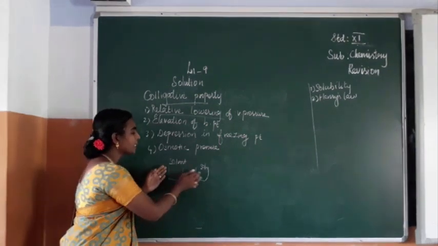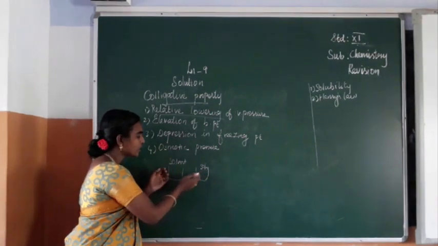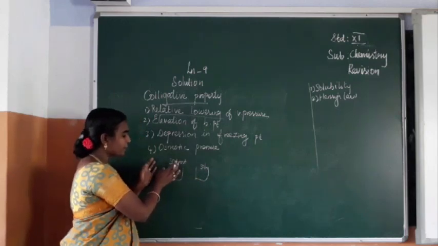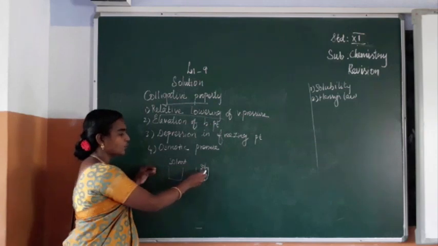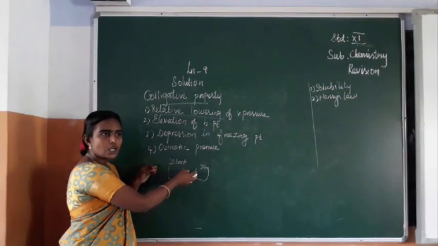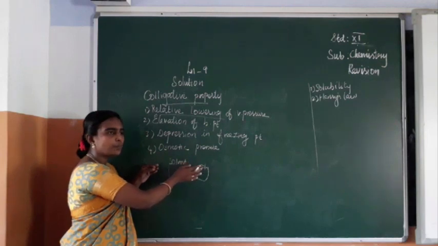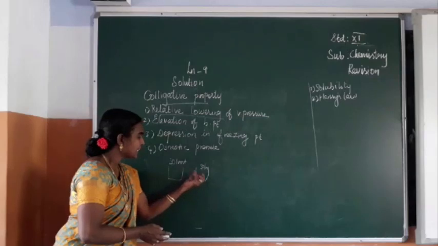When you compare the vapor pressure of these 2 containers, usually the vapor pressure of the solvent is higher than that of the solution. Here non-volatile solute is added, isn't it? So with the presence of this solute, the vapor pressure will be less.